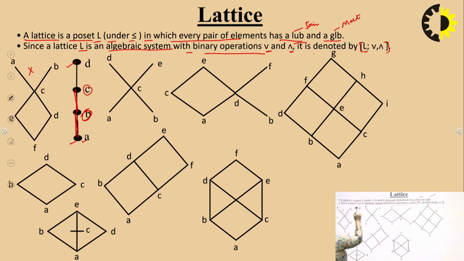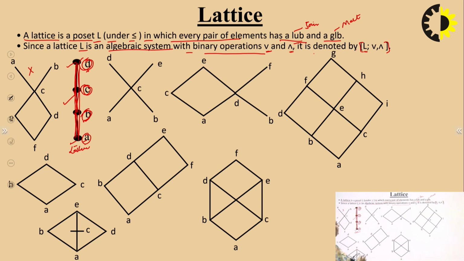For C and D, C will be its meet and D will be its join. For A and D, D will be its join and A will be its meet. For B and D, B will be the meet and D will be its join. So for each and every pair, we are getting the join and meet. So we can say this is a lattice.